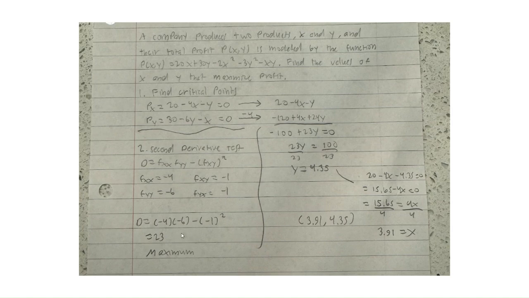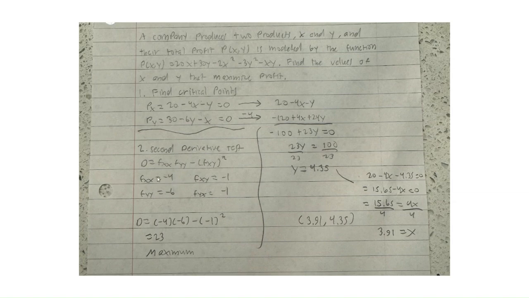And to actually determine if it's a maximum from this value, 23 is our value for D, which means that D is greater than 0, which means it's either a local max or min at this critical point right here. And to determine if it's a maximum or minimum, we have to look at our fxx.